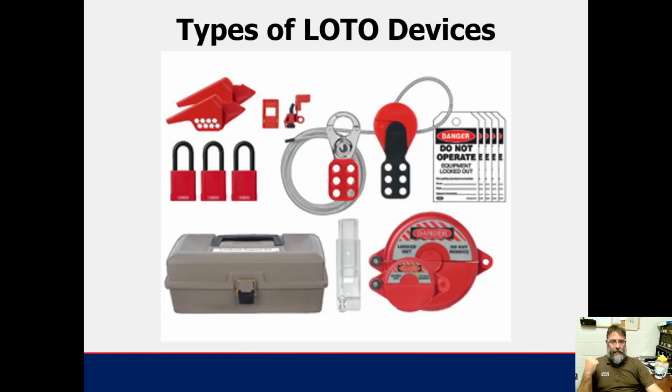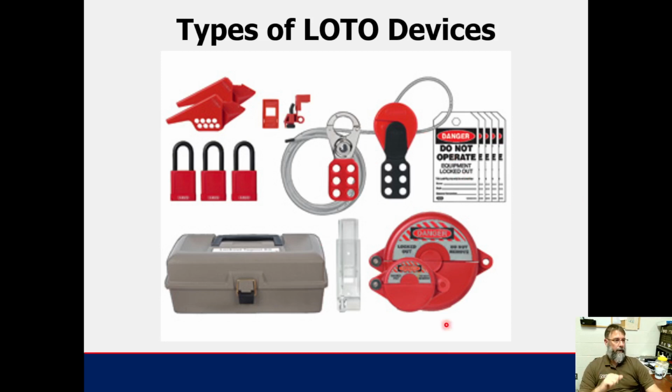If I move on to the next one here, here's an example, there can be hundreds of types of devices. The whole purpose of the lockout tagout device is to keep the machine from starting up. Anything that prevents it from starting up unintentionally is a good lockout tagout. All it needs to be is identifiable. It needs to be identifiable that it is in fact a lockout tagout.